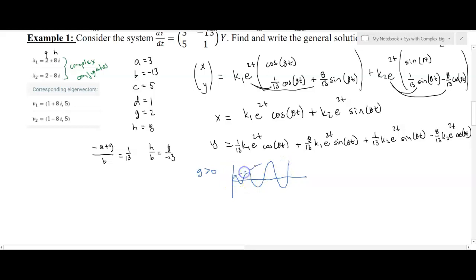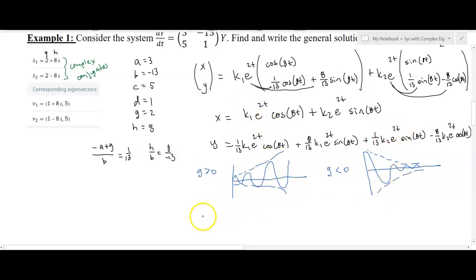And we would see something like this, versus if g was less than 0, that would mean we'd have e to the negative 2t, and that would be an exponentially decaying sinusoid, and that would look more like this, something we've seen before. And again, exponentially decaying amplitudes.